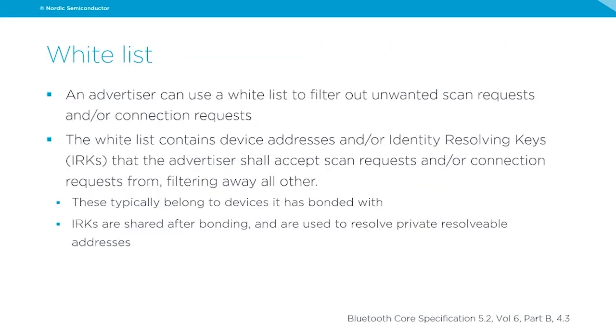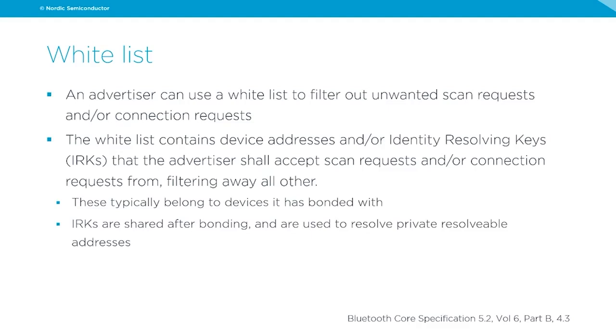And then we have a whitelist. A whitelist can be used when you don't want your advertiser to need to respond to all of the requests from all of the scanners or centrals. If you have already paired or know the address of the scanner or the central that you want to allow access, you can set up a whitelist.